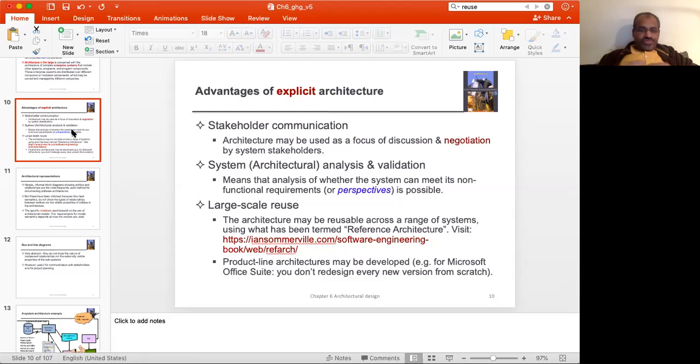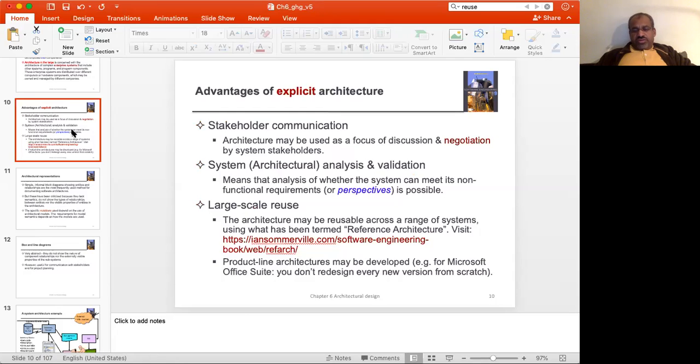So users, your clients, people who commission the system, people who are interested in the system, who have a stake in your system, could be a government agency or something. So the architectural representation is a focus for discussions, debates, and negotiations amongst stakeholders, and of course with the developers team as well, the engineers team.